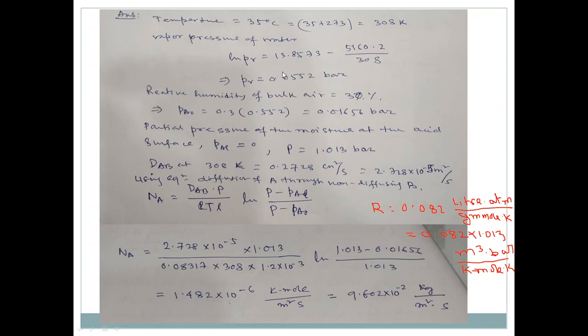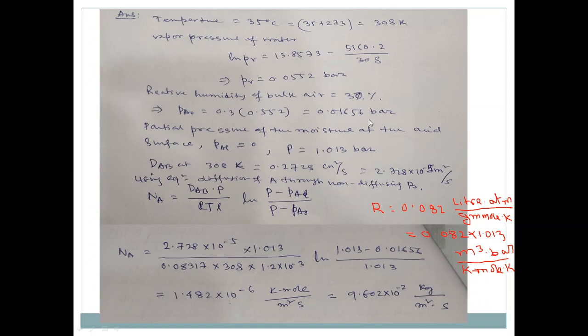Now the relative humidity in the bulk is 30%. At 100% humidity it would be only water vapor at that pressure, but with 30% humidity it is 0.3 of this vapor pressure. So this will be 0.01656 bar.